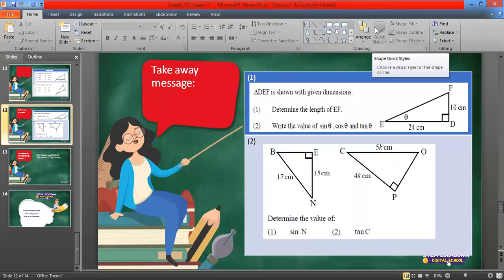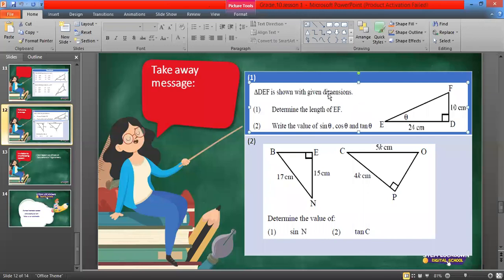Right. So EF equals 26. Somebody calculated this, saying EF is 26. Thank you, that's so fast. So here is 26, fine. Now write down the values of sin theta, cos theta, and tan theta. So EF is 26, right? What will be our sin theta now?